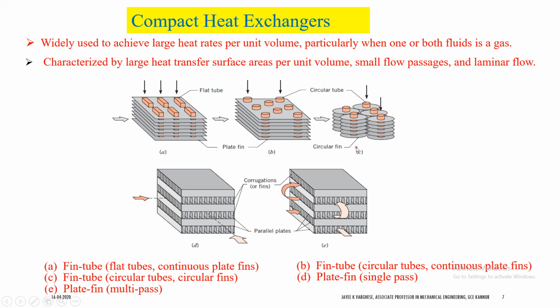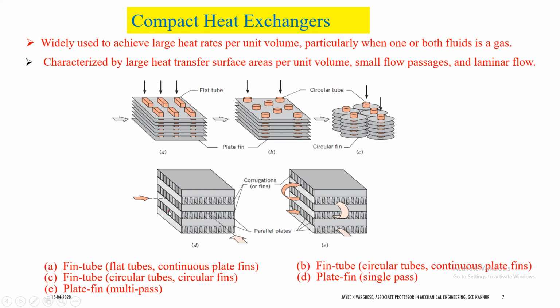So we have different designs: circular fin, plate fin, flat tubes, circular tubes with circular fins, like that. And this fourth and the fifth case, they are actually plate fin with a single pass.